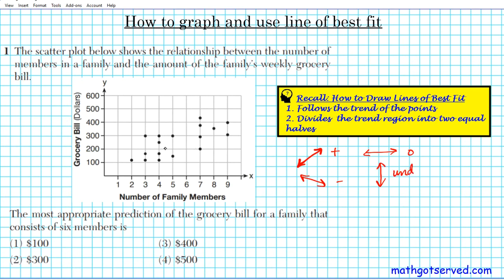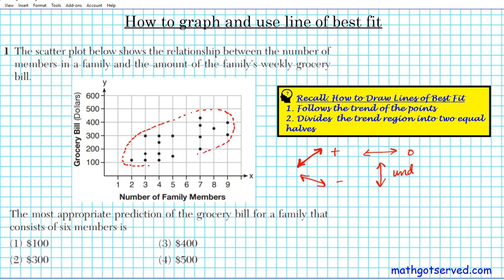In this particular case, can you see what the trend is? Is it positive, negative? Is it horizontal, or is it undefined? So all you do is draw a shape around the region, around the points. I'm going to draw it something like this. Just follow the trend and draw the shape in such a way that you capture all the points.